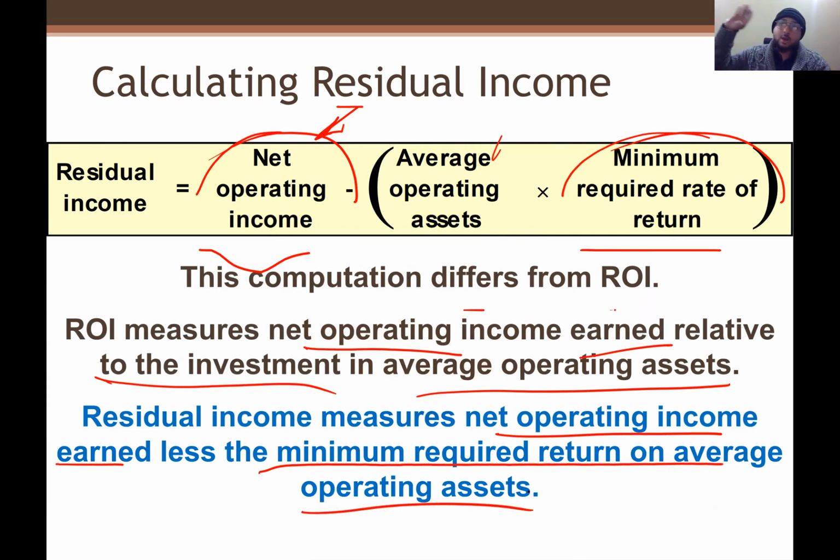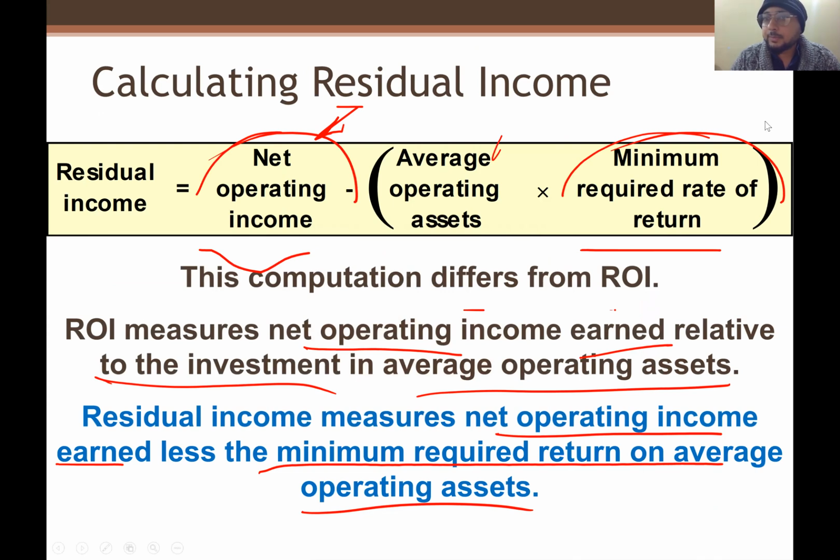So if the head office has told you that you are required to earn 15% on average assets, and your net income is 16%, then you did well. It means because we required from you 15%, you earned 1% more. So you are eligible for promotion or bonuses, or performance evaluation is like that, right?